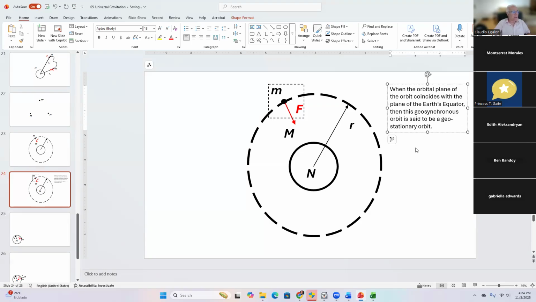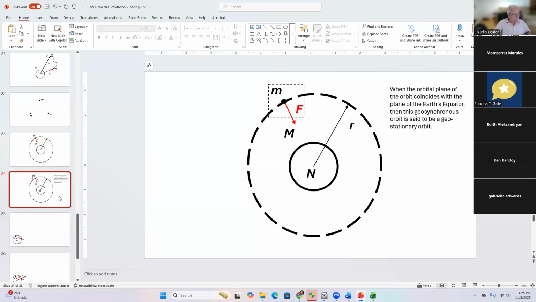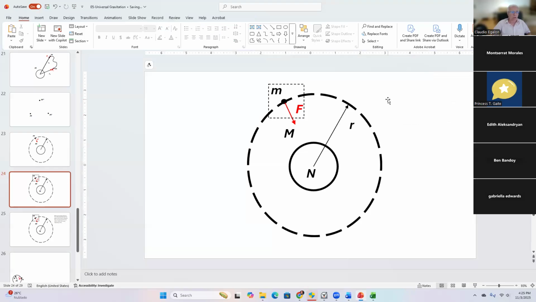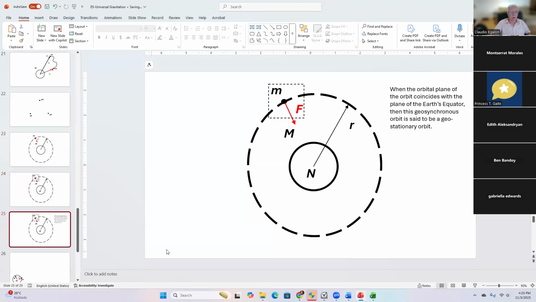Okay? So, very important difference here, okay? A geostationary orbit is just one type of geosynchronous orbit.